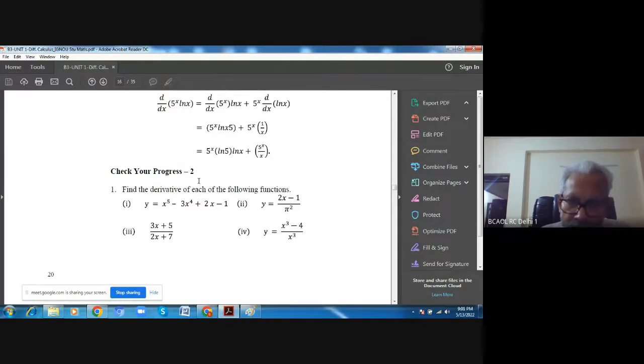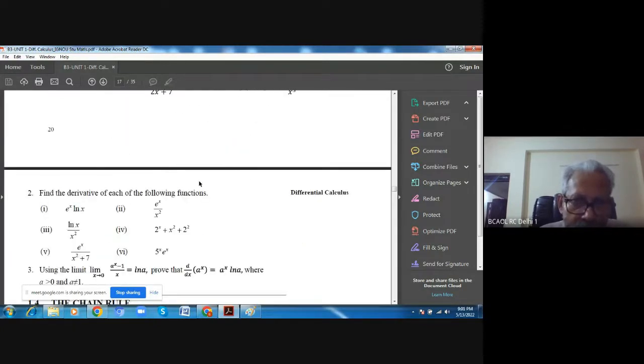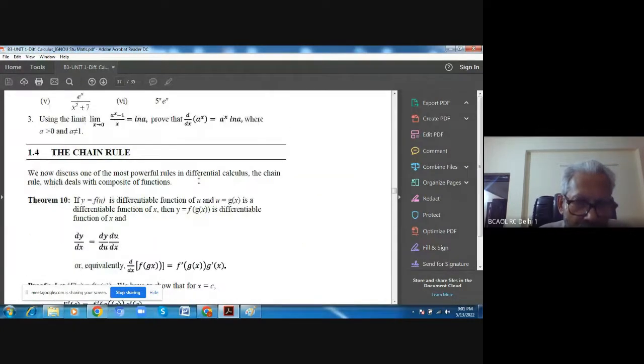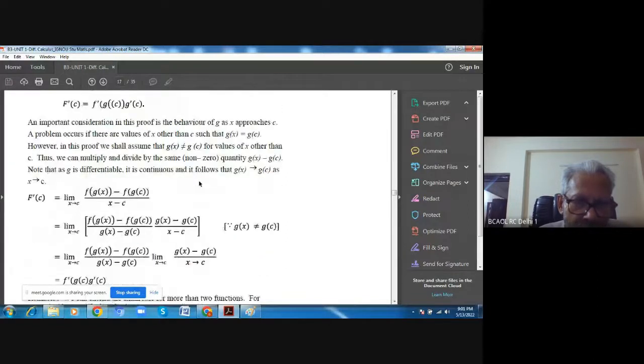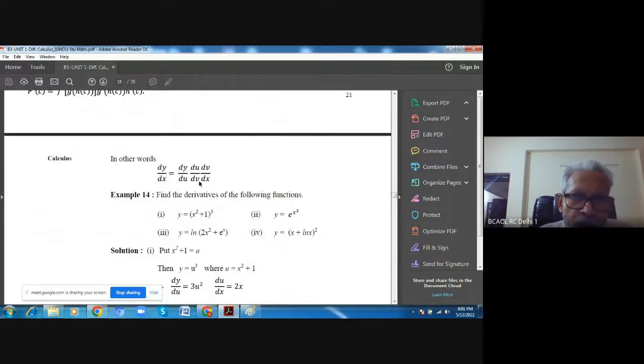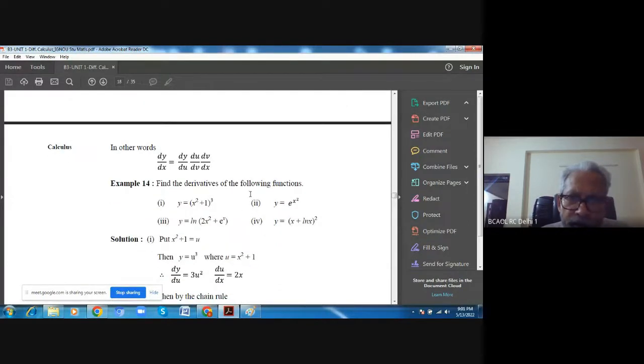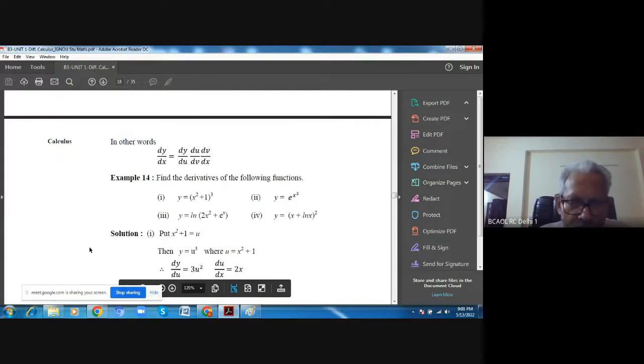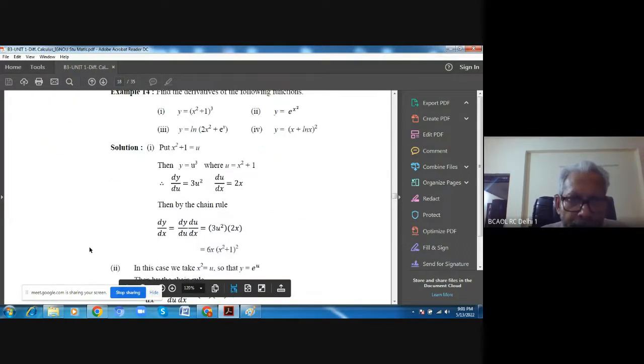Check your progress. So that means you have to do it. Find the derivatives of the following functions. There are so many things there, dy by dx, these things.